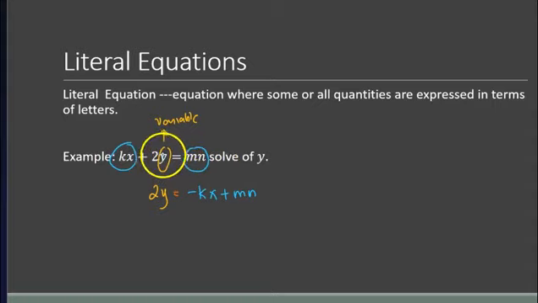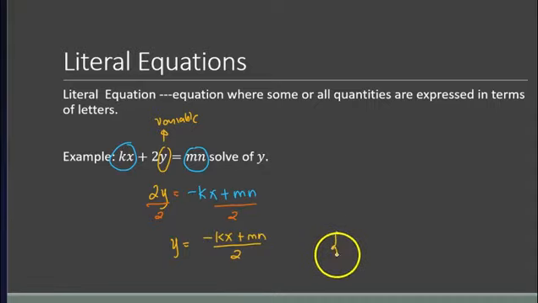The only variable that we would like to treat is y. Then we divide both sides by 2. When we solve for the value of y, it's negative k x plus m n over 2. So our solution is, let's just put it in the solution set.